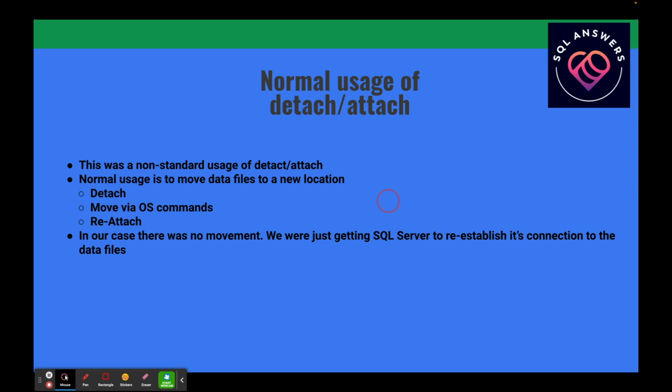We didn't do that second step. There was no need to move the files via OS commands. We were just reestablishing the connection to the data files. In effect, we had SQL Server go back out and reopen that file. And before we did that, it was actually opening a file in some other location because of the symbolic link that we had in place.